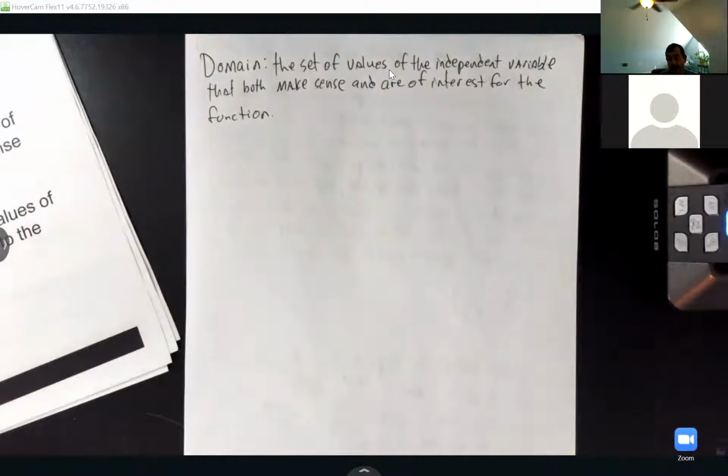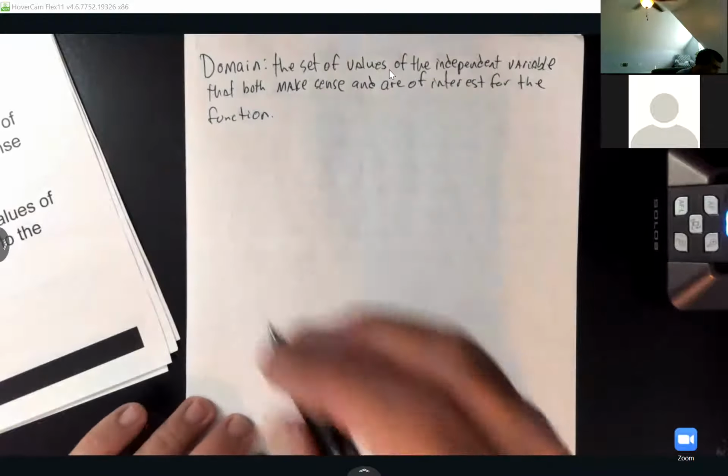So if I was looking at a domain for my paycheck example I did earlier, remember the domain is the set of values of my independent variable. So the minimum number of hours I could work would be 0. And then let's say I might work up to a maximum on that. I'd probably put anywhere like 60, 70, or 80 hours. So my domain would be from 0 hours up to, let's say, 60 hours. Okay, so that's all the values that can be put into my function that would represent my independent variable.